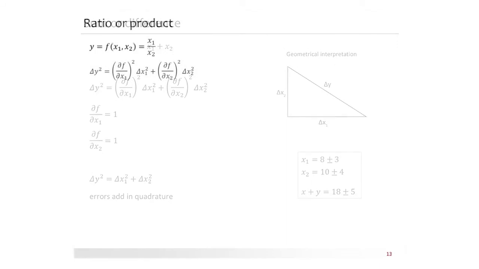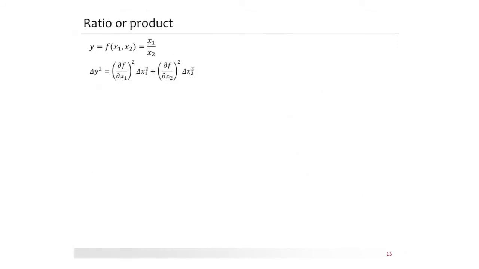Now, if you want to apply a similar formula for a ratio or a product, I would do it for a ratio. It gets a little bit more complicated, but it's still straightforward calculations. So we use this formula. The partial derivative df by dx1, you consider x2 as a constant, so it's simply 1 over x2. df by dx2, with x1 as a constant, and the derivative of 1 over x2, I showed you, is minus 1 over x2 squared.